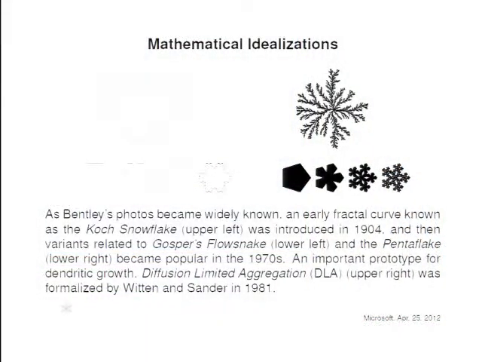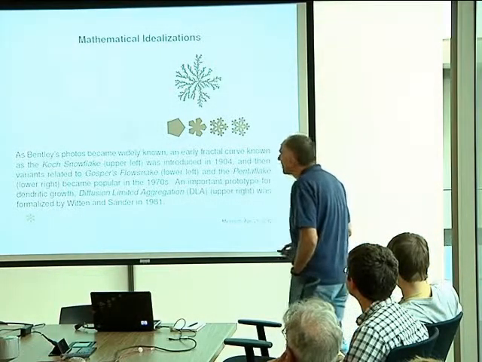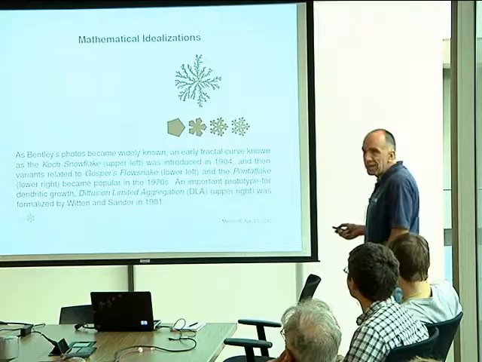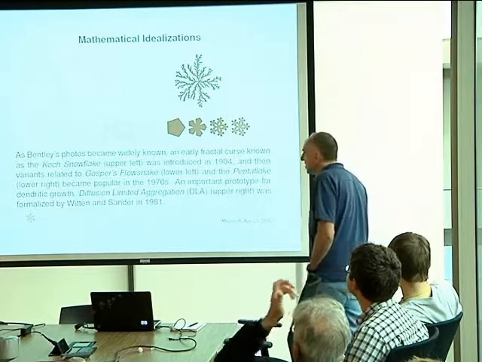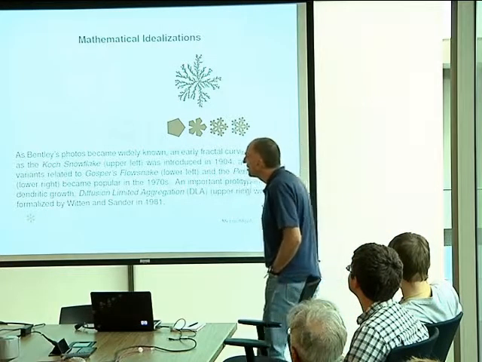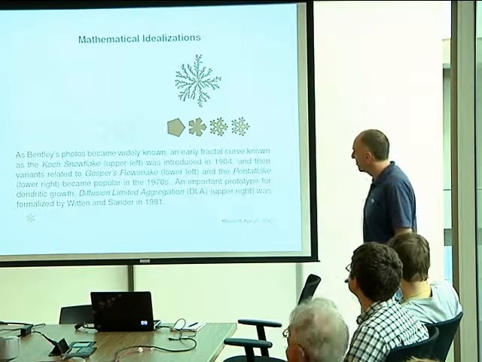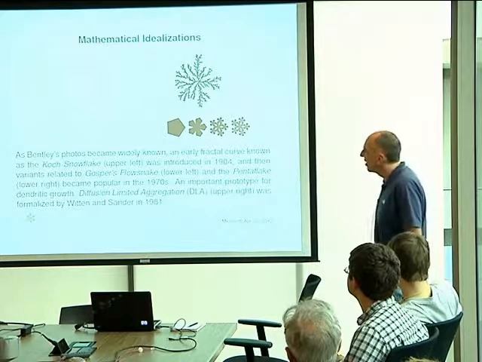All right. So let's talk a bit about mathematical idealization. As I said before, when one says snowflakes in a mathematics talk, usually one is prepared to see a study of objects that look like this. This is a Koch snowflake, introduced more than 100 years ago.